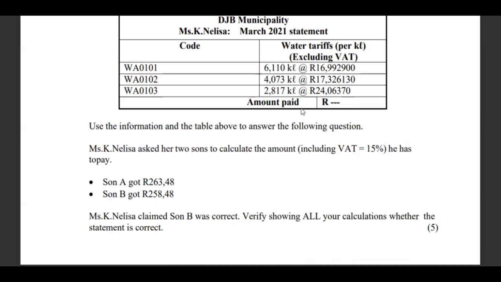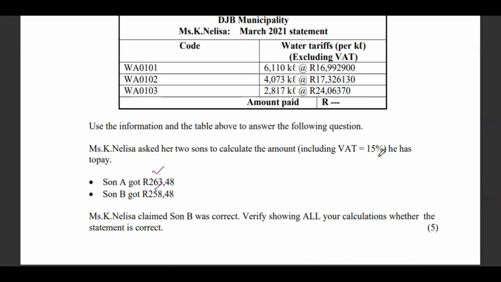Use the information above to answer. So Mr. Days asked his two sons to calculate the amount including VAT that she has to pay. Son A got that much, son B got this much. Mr. Days claimed that son B was correct.